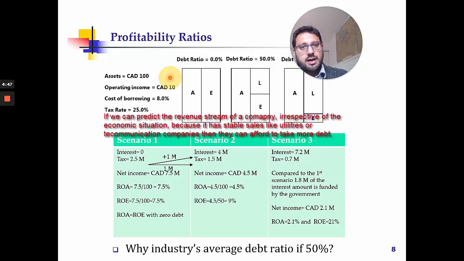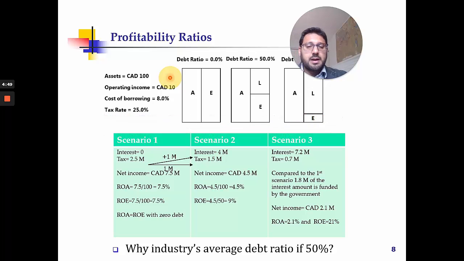But if we look at companies like Apple, the Apple credit rating is very high, but relative to those communication and utilities companies and the other industries, they have less debt in their capital structure.